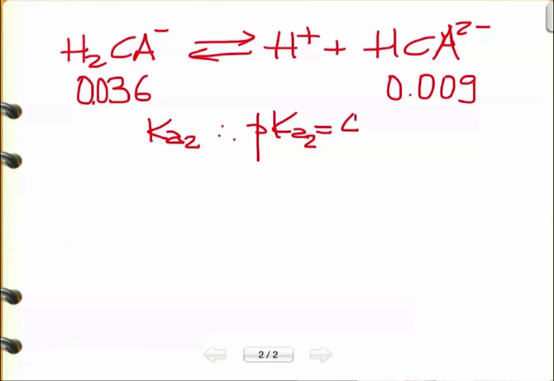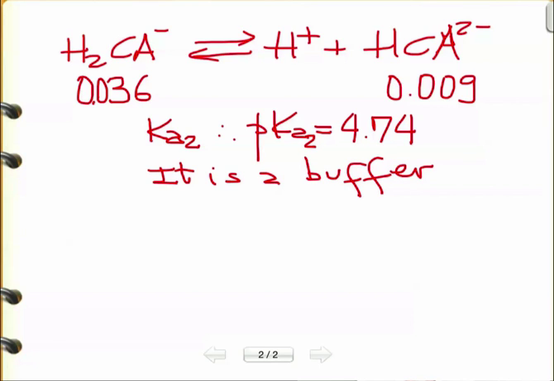The pKa2 is 5.74. Oh, that's already given. Again, this is a buffer solution. So if it's a buffer, how do you calculate the pH of a buffer? We use the Henderson-Hasselbalch equation. Again, this is a buffer because we have an acid in equilibrium with a conjugate base.